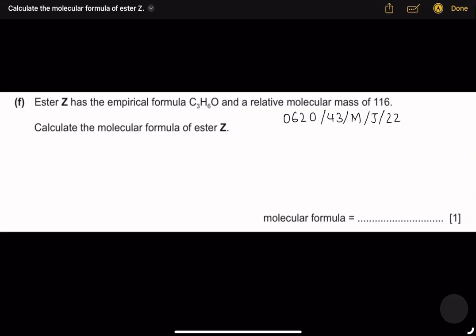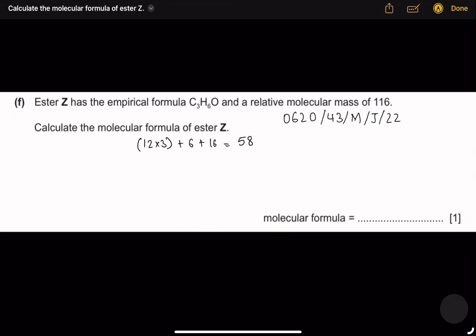So ester Z has the empirical formula C3H6O and a relative molecular mass of 116. So 12 times 3 plus 6 plus 16 is equal to 58.